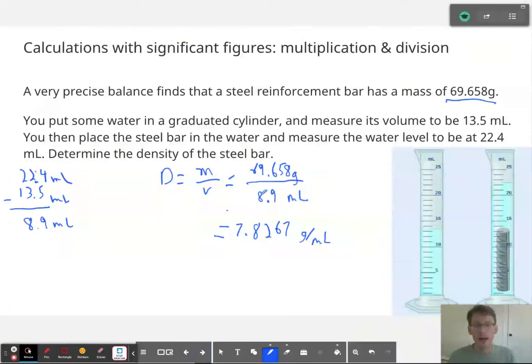Our 8.9 milliliters, that is precise to 2 significant figures. And so what I need to do is report my final answer as having 2 sig figs. Therefore, we have 7.8 grams per milliliter. And that's my final answer, precise to 2 significant figures. Hope this video has been helpful.